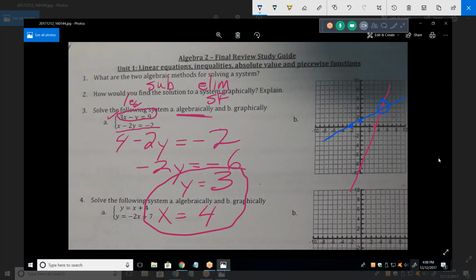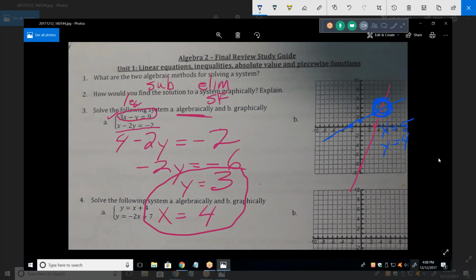Now, notice that our algebraic answer was x equals 4, y equals 3. I probably would have got that if I'd used a straight edge. But I'm a little off. I got x equals 5, y equals 4. In other words, according to the graph, it's whatever the x and y coordinate is of that point.